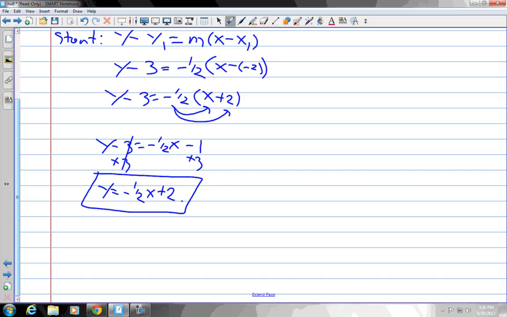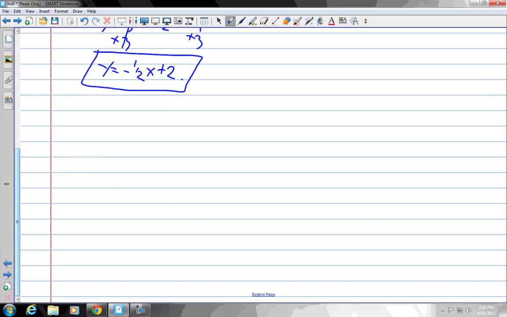Is that all right? So what is the y-intercept of that line? 2, and what is the slope? Slope is negative 1/2, but what does that mean? How do you interpret the slope? Down 1 over 2. So I can actually sketch a graph of this line.